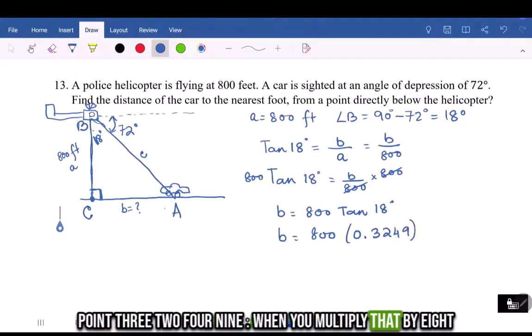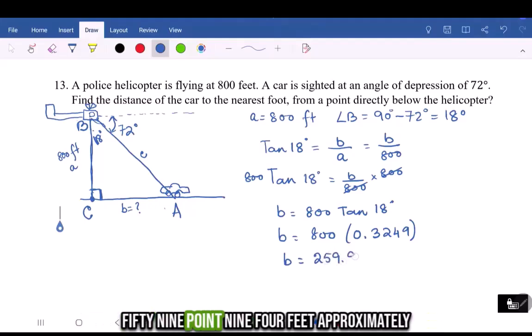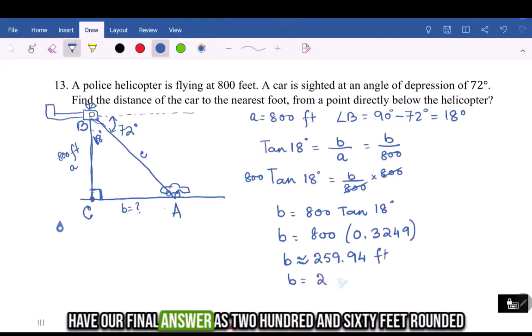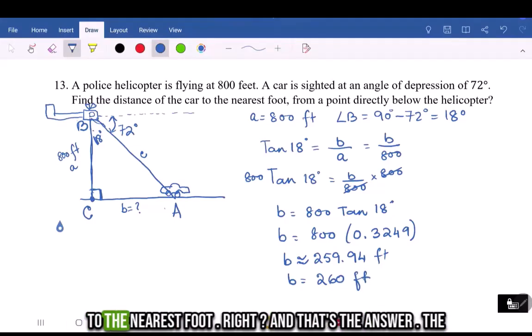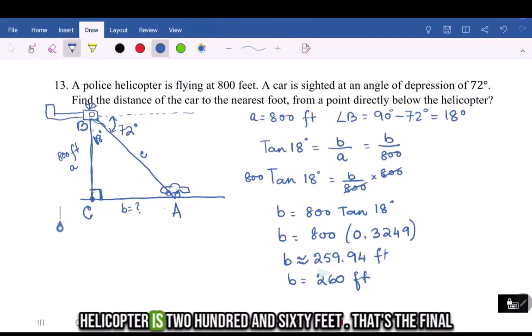When you multiply that by 800, you come up with a measure of 259.94 feet approximately. And it says rounded to the nearest foot. Therefore, we will have our final answer as 260 feet rounded to the nearest foot, right? And that's the answer. The distance of the car from a point directly below the helicopter is 260 feet.